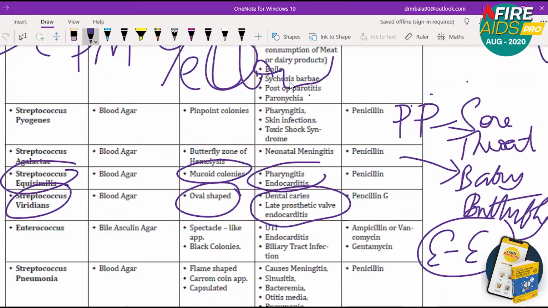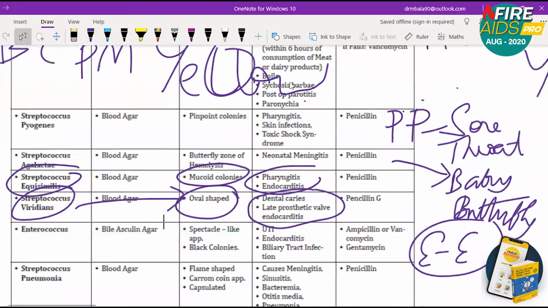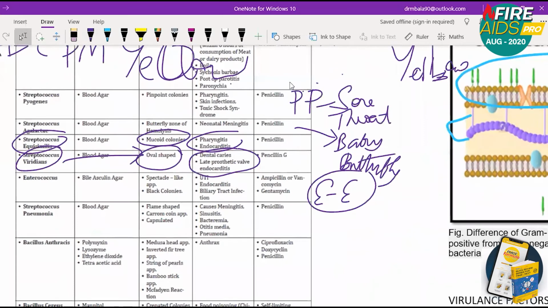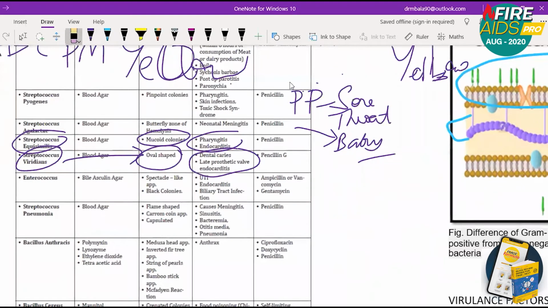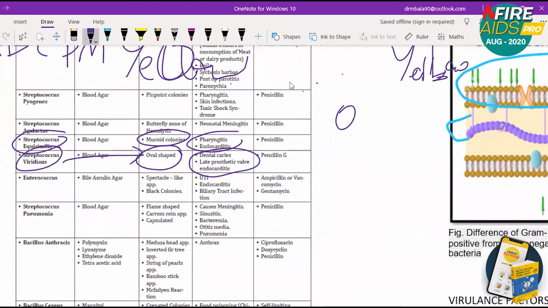Okay, so Streptococcus viridans, I want you to remember the brush. Oral B is a brush, right? So Oral B, you can remember oval shaped.